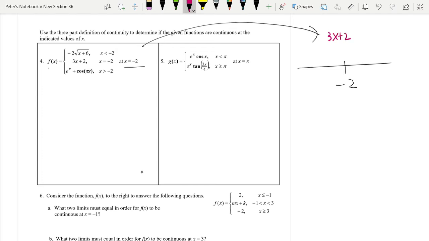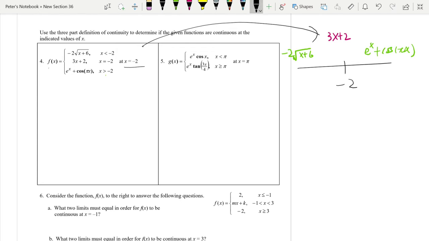The left-hand side, left of negative 2, is going to follow this rule, and right of negative 2 will follow this rule, e to the x plus cosine of pi x, right? This sort of helps us out here.